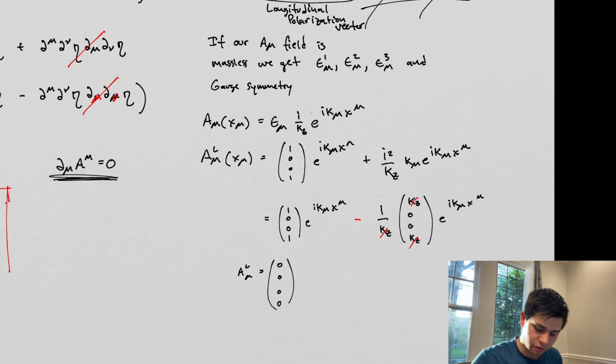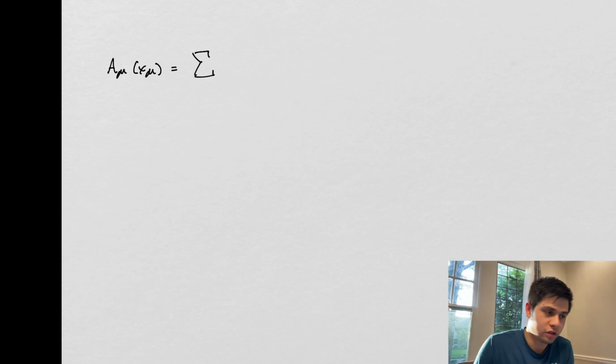The last thing I want to go over is the general solution to the Proca Maxwell equations. So the general solution looks like this: A mu of x equals a sum over the polarizations, right?